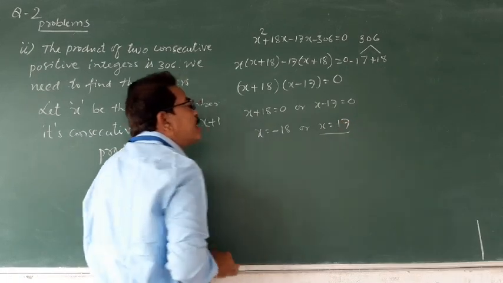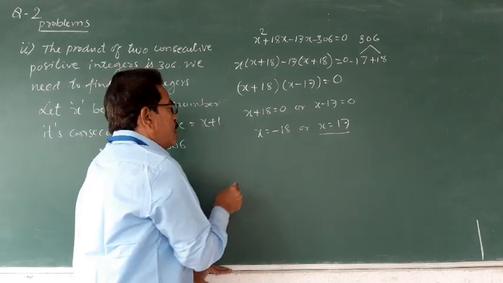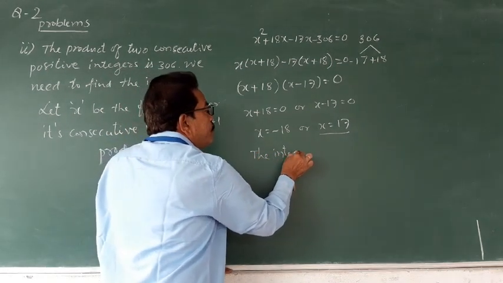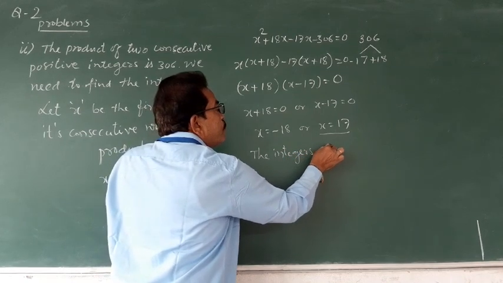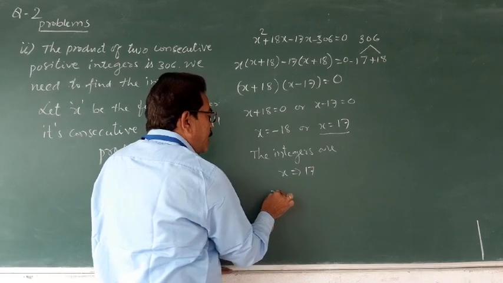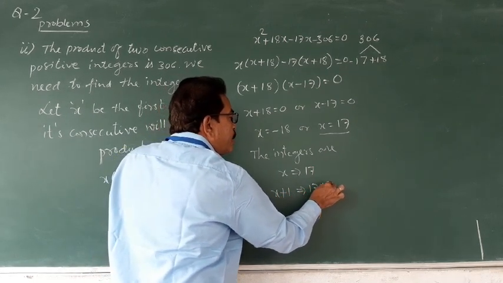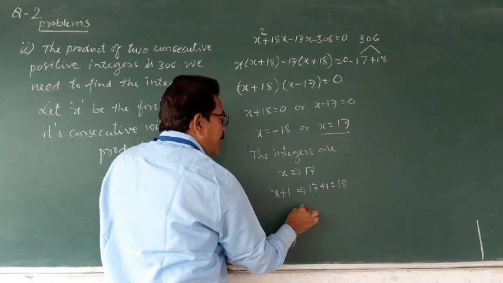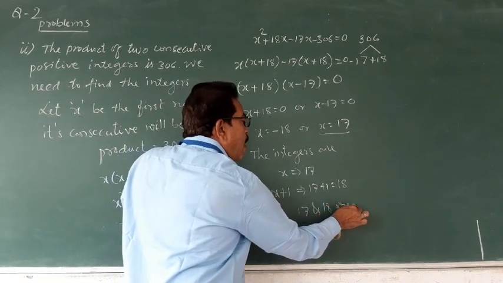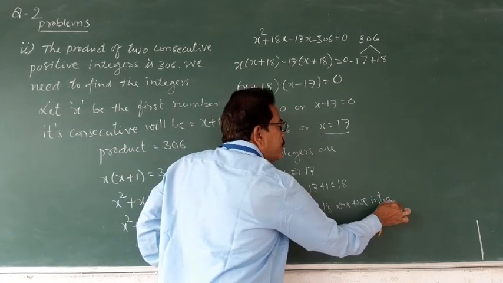We should consider the positive value because he has asked for positive integers. So the integers are x, that is 17. The next one x plus 1, that is 17 plus 1, that is 18. 17 and 18 are positive integers.